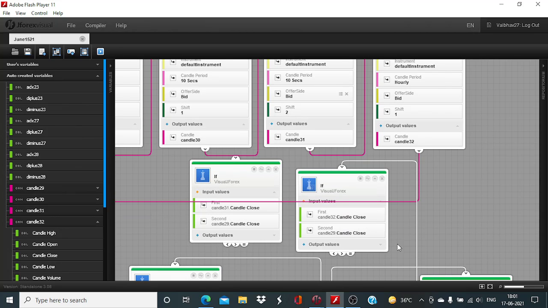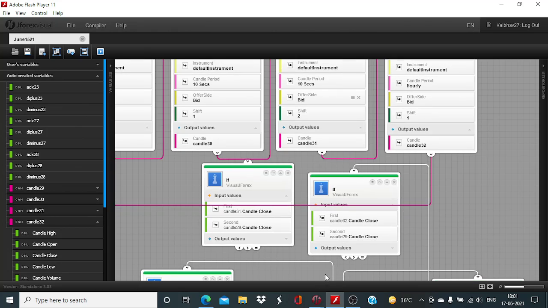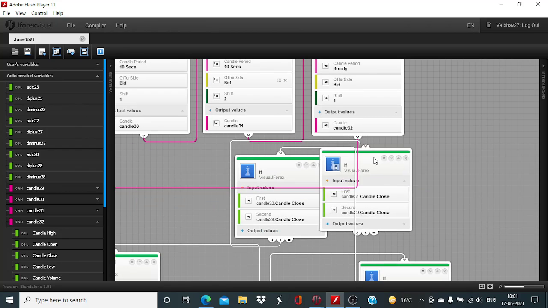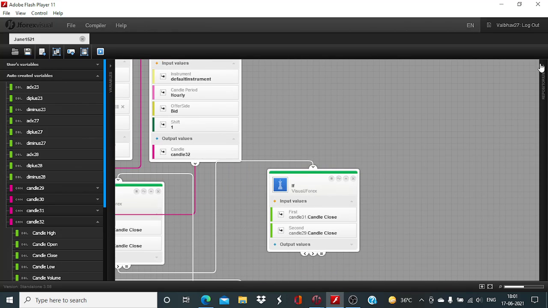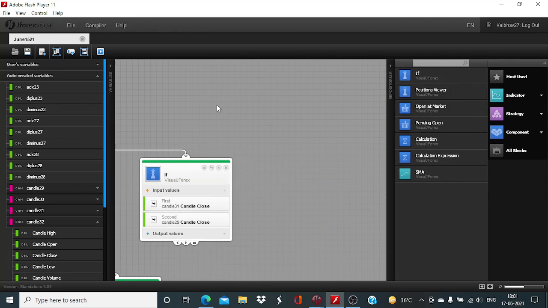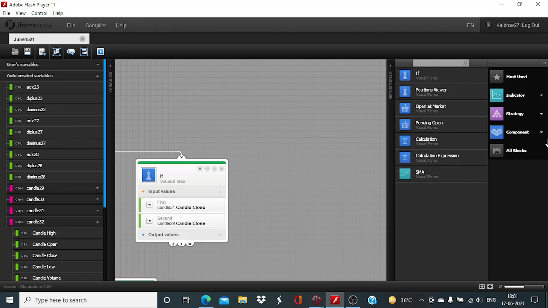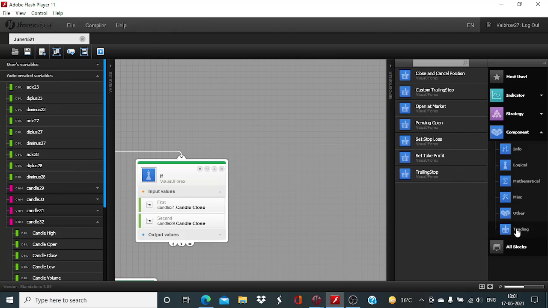Candle 32's close needs to have been above the candle 29 close. So first input greater than second input. And after this, we can bring in the trade command block.